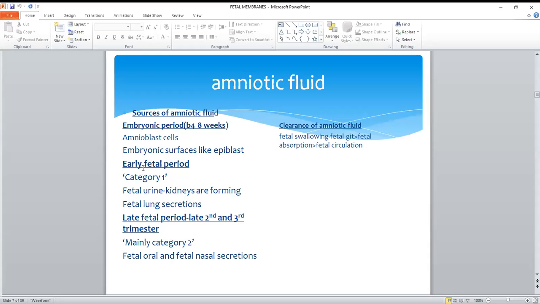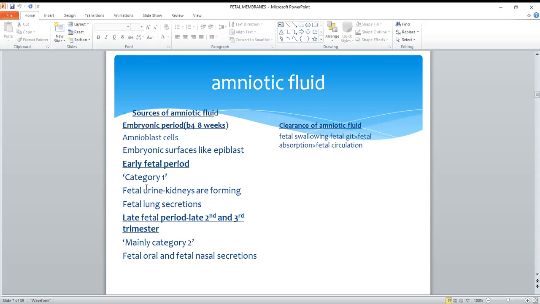In the early fetal period, we have category 1, and then you have fetal urine and fetal lung secretions. Category 1 is not a conventional term; I've just used it in this presentation to mean amnioblast cells and embryonic surfaces like the epiblast. During the early fetal period, there will be fetal lung secretions and fetal urine.